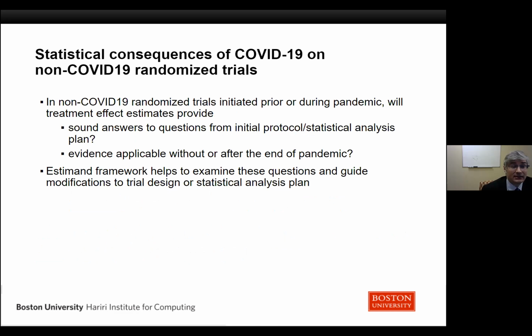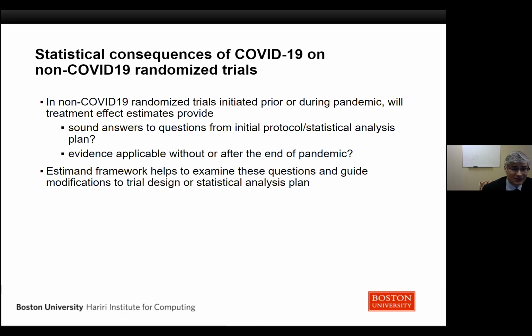In that context, the statistical question is, will our non-COVID-19 randomized trial provide a treatment effect that addresses the initial question from the protocol and the question pre-specified in the statistical analysis plan? Will the evidence be applicable in the post-pandemic world?